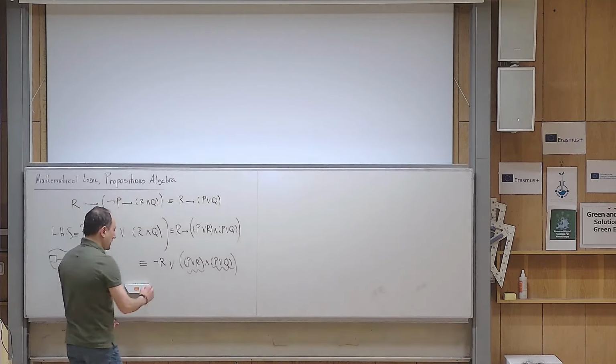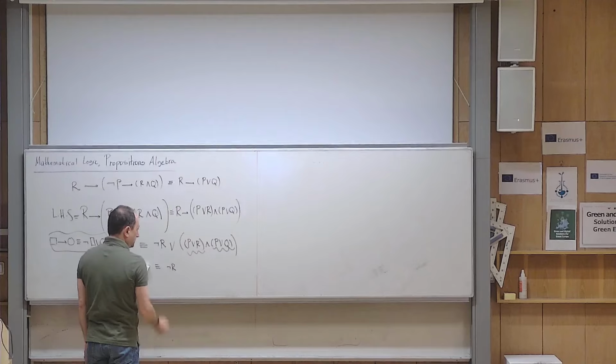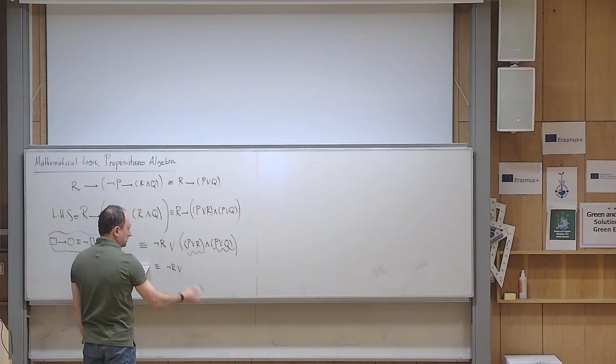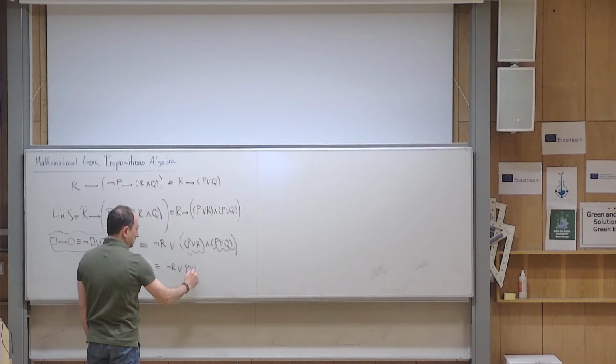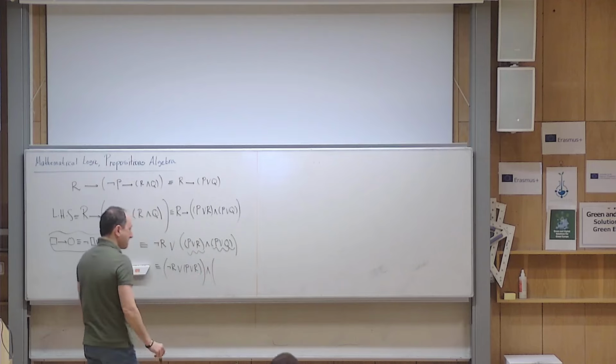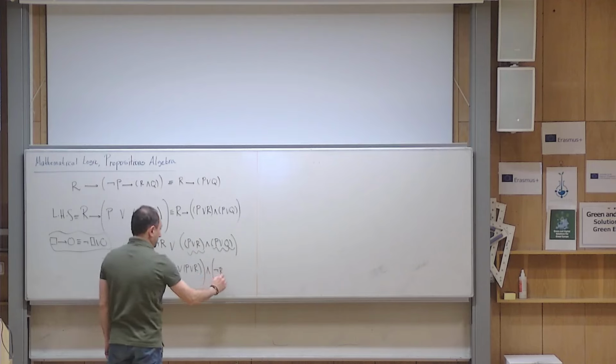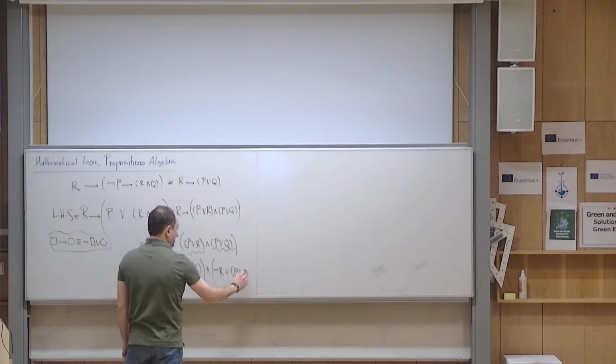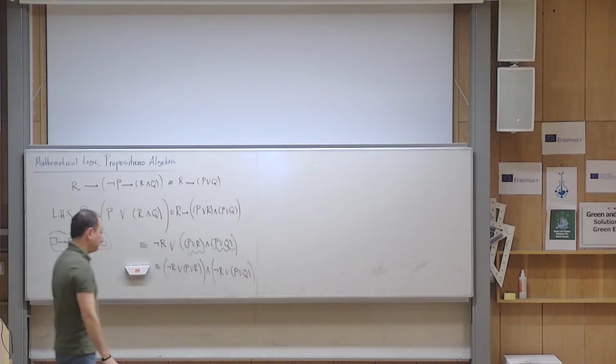So this becomes not R or P, or R, in a pair of brackets, and another bigger pair of brackets, not R or P or Q. So far, so good.